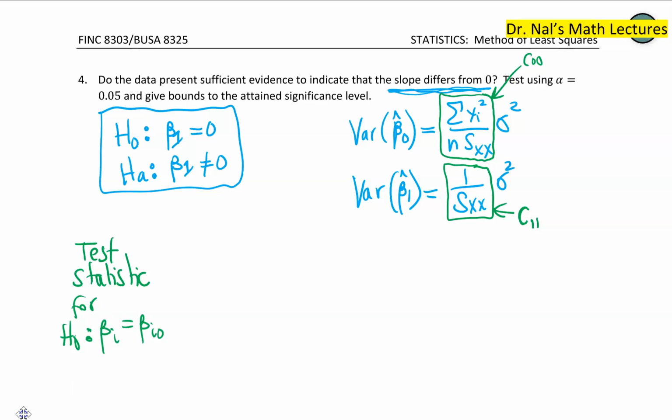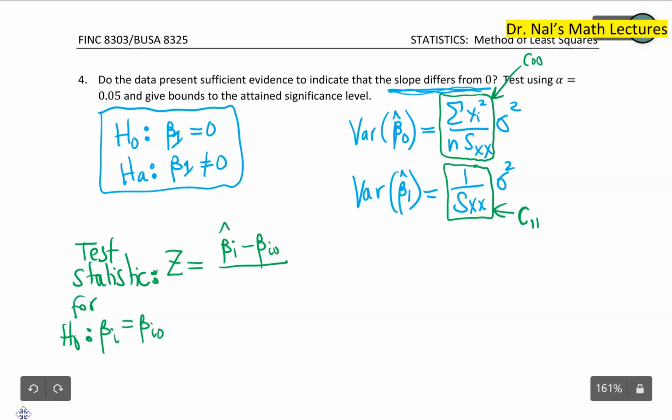The test statistic is Z equals beta i hat minus that specified value, divided by sigma times the square root of Cii. There you go, and we already explained what Cii means.